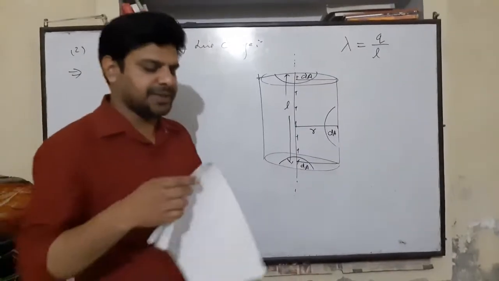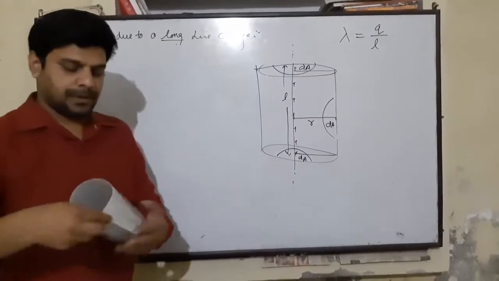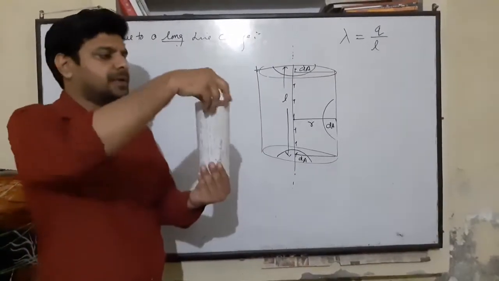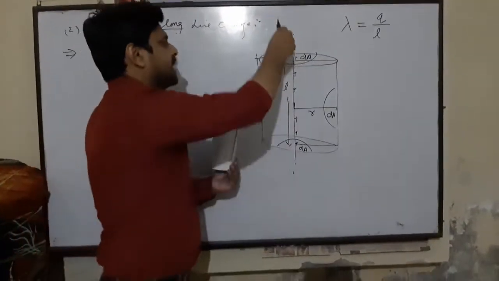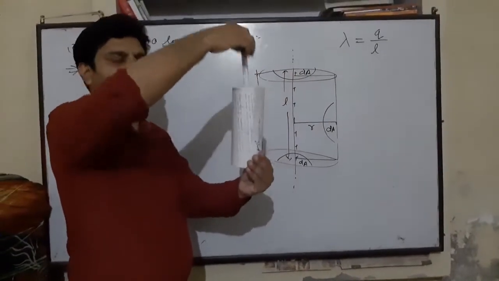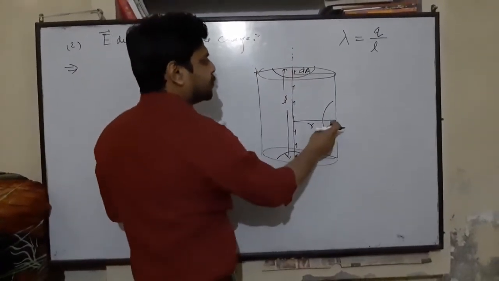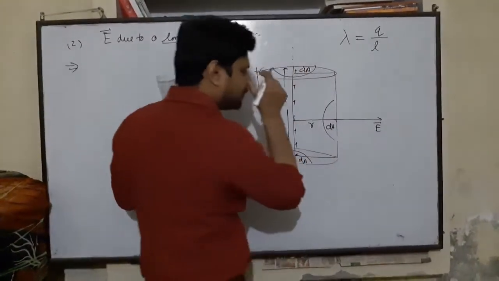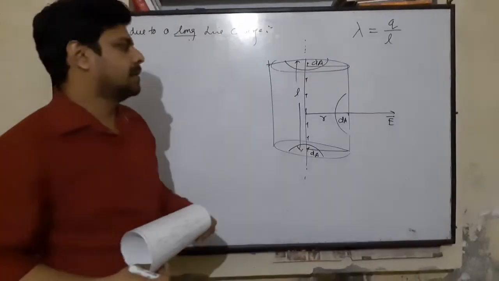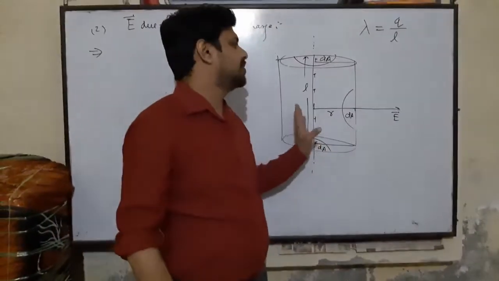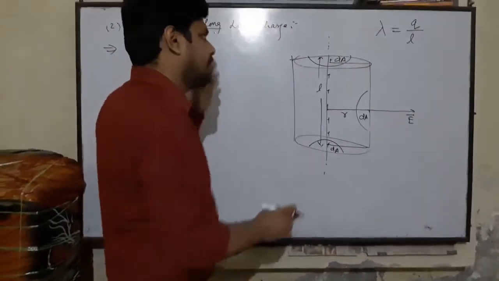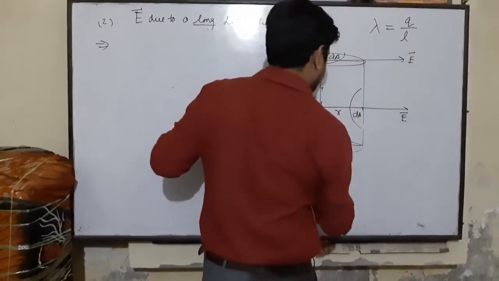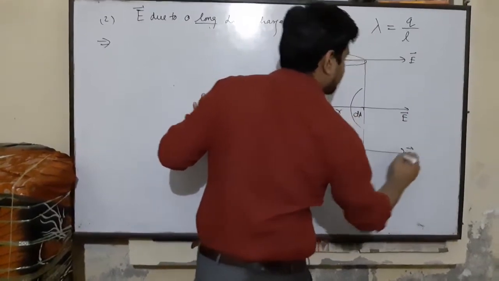We have three surfaces in a cylinder: two circular and one curved. The electric field at this point will be in the outward direction, as we know the direction of electric field for a point charge is outward, and here the electric field is in this direction and the same here in this direction.